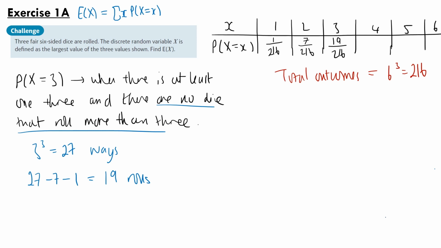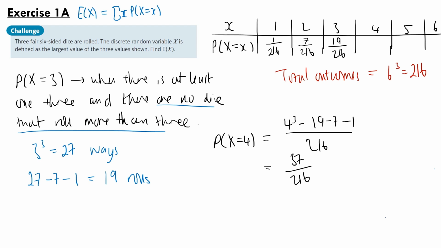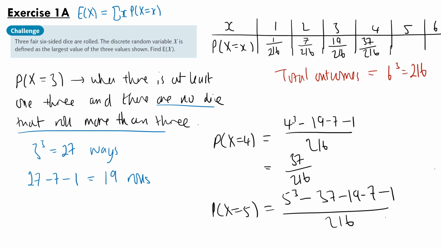And we can apply the same logic to the probability that X is equal to 4. We have 4 cubed, and then taking away the 19, the 7 and the 1, over 216, which gives us 37 over 216. Doing the same for the probability that X is equal to 5: 5 cubed minus 37 minus 19 minus 7 minus 1 over 216, which gives us 61 over 216.